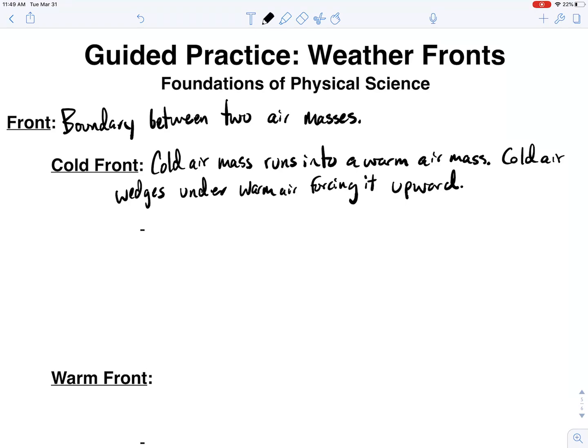And to think about it, when I look at a weather map on News Center and I see that there's a cold front moving towards Maine, I can quickly tell you what type of weather is usually coming, because cold fronts are known for severe weather and heavy precipitation.